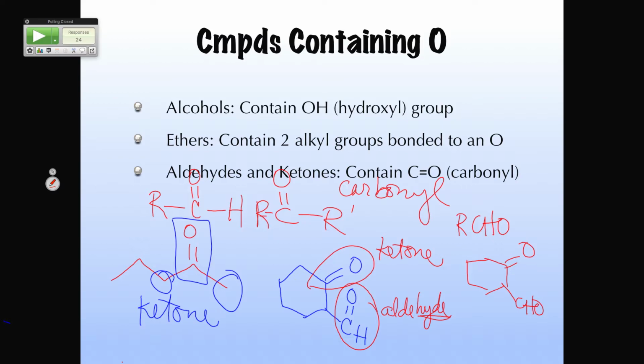CHO means aldehyde, and that H right here is the hydrogen that makes it an aldehyde. Do not get that confused with an alcohol, because you might be flipping the OH around. Be careful about that.